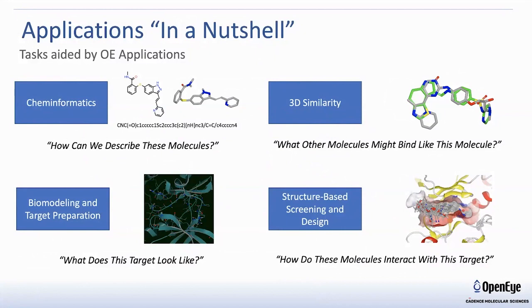Second, we'll take a look at the applications that leverage 3D similarity to help users explore chemical space to find actives on the basis of shape and electrostatic features. And finally, we'll look at our tools for biomodeling and structure-based screening and design, which also depend heavily on our ability to accurately model shape and electrostatics.